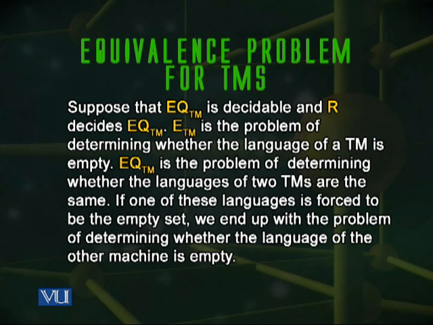In ETM, we have to tell only if the language of one Turing machine is empty, whereas R can tell us whether the language of two Turing machines is the same or not. What we want to do is make a decider S that gets a Turing machine M, and it has to decide if the language of M is empty or not.